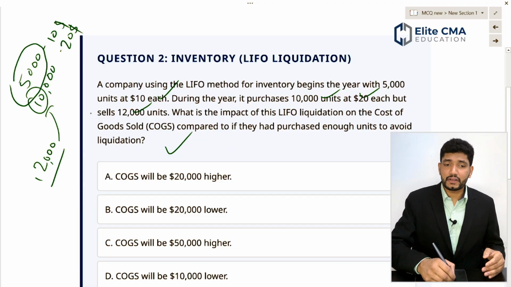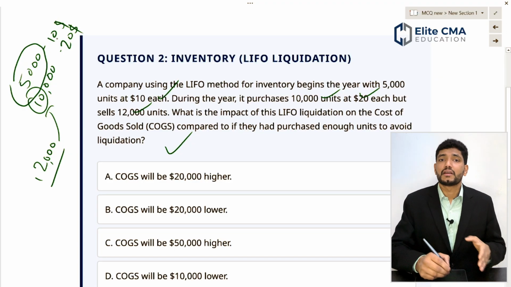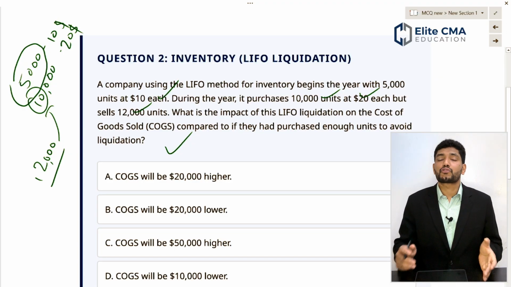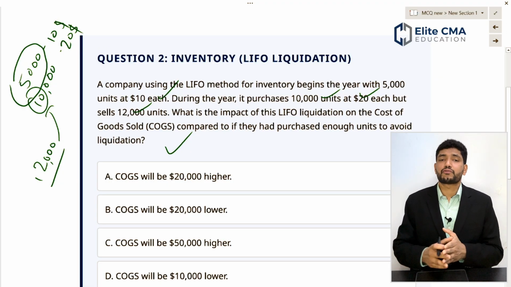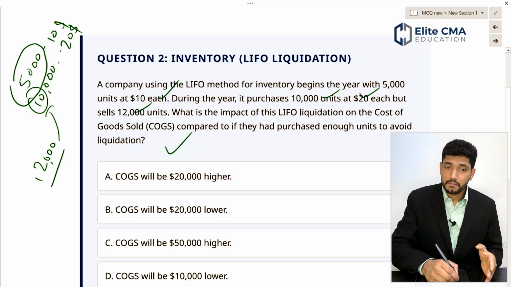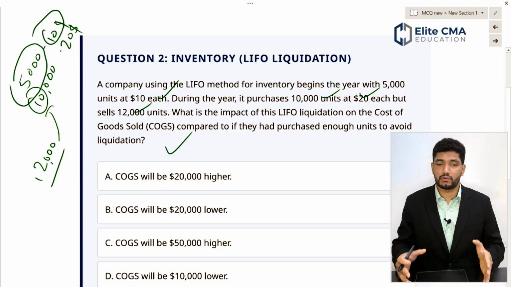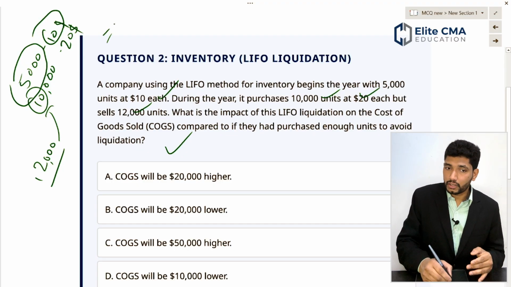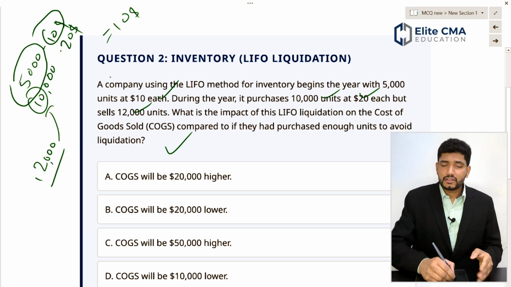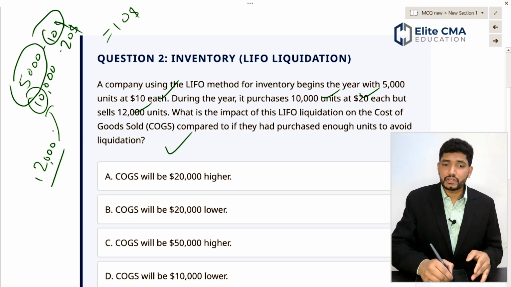Now, with this LIFO liquidation, it seems that the company has a lower cost of goods sold, because it sold 2,000 units from the old stock at a better cost. So, the cost saving per unit is $10 and 2,000 pieces.